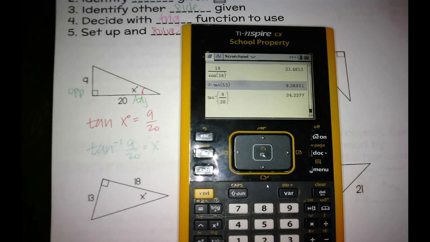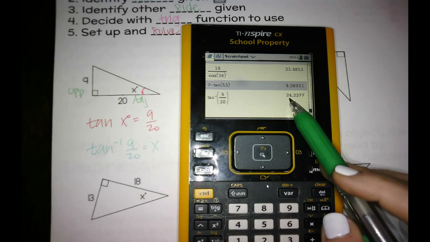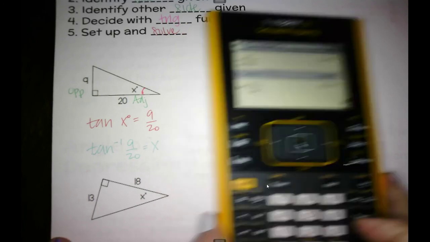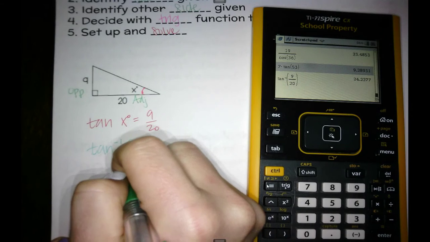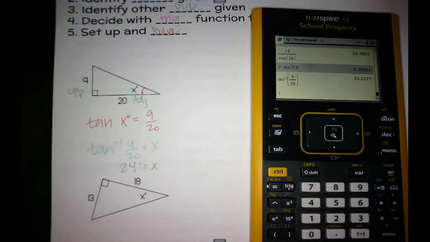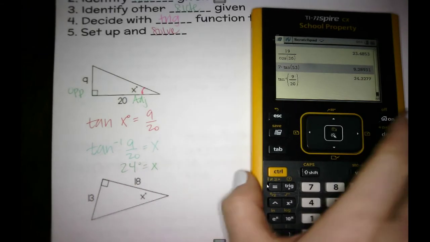So my angle here is, let's just round to the whole number, is 24 degrees. All right, remember that your answers are going to be in degrees. All right, that's it.